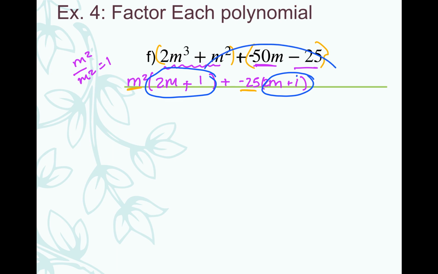So I'm actually going to take that 2m plus 1, divide both of those terms by 2m plus 1 and factor that out. So then I'm left with m squared minus 25, or you could say plus negative 25, times that 2m plus 1. And that right there is your final answer.